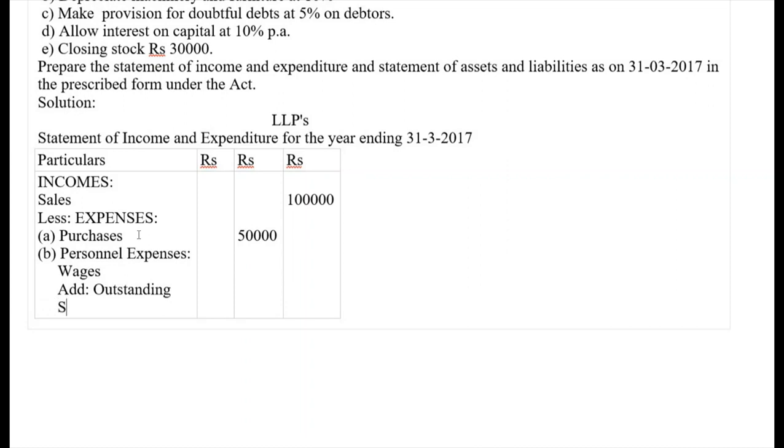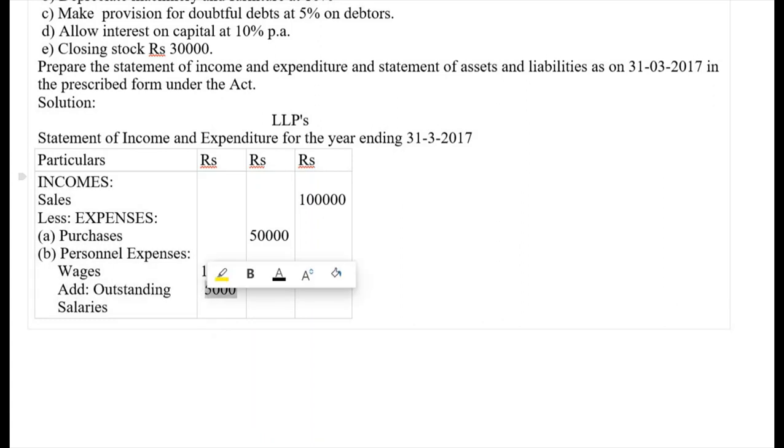Then similarly we have salaries. So now let us take to this column here. So wages are given as rupees 10,000 here. Then outstanding is rupees 5,000. So 5,000. So let me underline this here. So that comes to 15,000. Let me write it later on here.